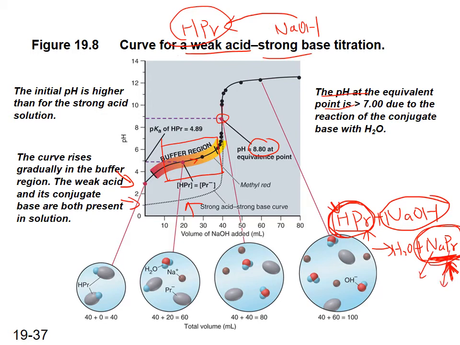So this salt is expected to be basic, and therefore the pH value is higher than 7. In this case, it's 8.8. You can calculate the pH by using the pKa of this salt. We have learned how to calculate the pH for the salt. So that's the third feature, and then the pH increases slowly beyond the equivalence point.